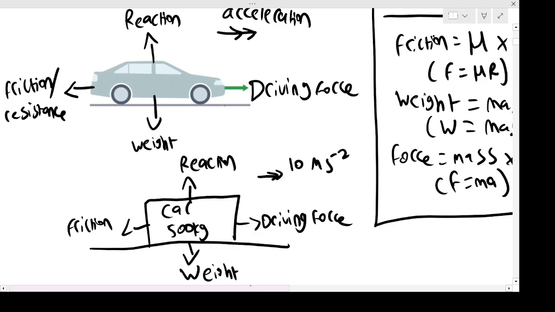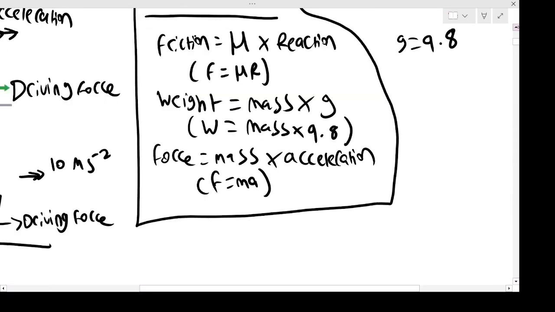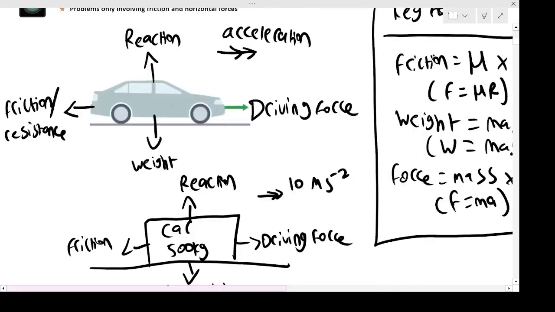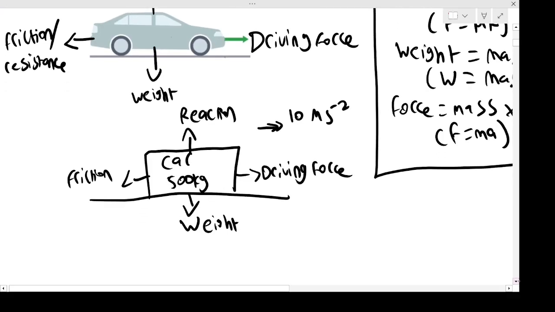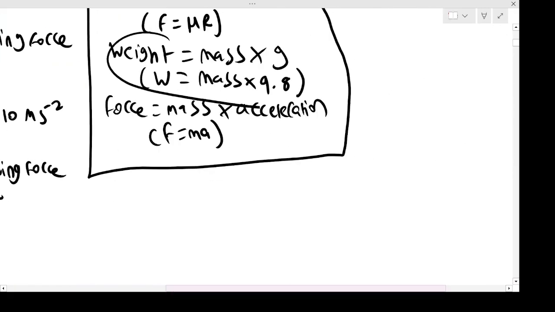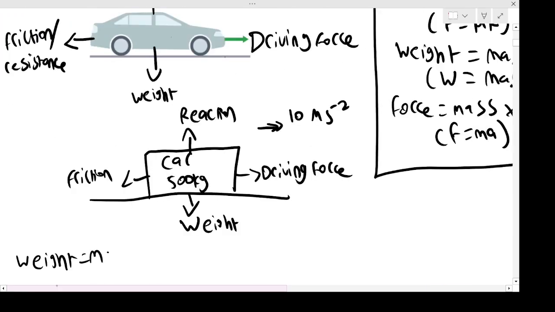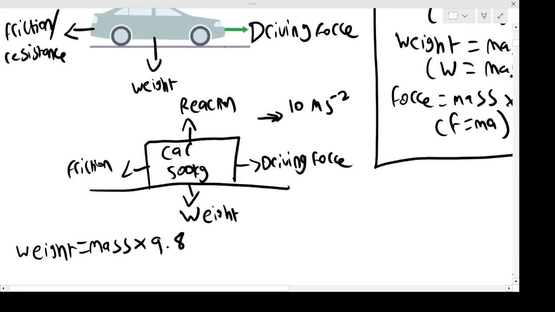The idea is now I want to find all the forces using these three formulas that I've boxed here. Firstly, I can compute the weight. As I said, the weight is going to be mass times g. g is 9.8, and the mass is 500.